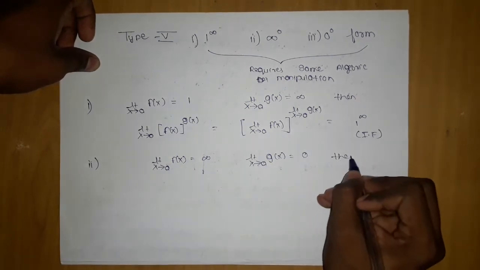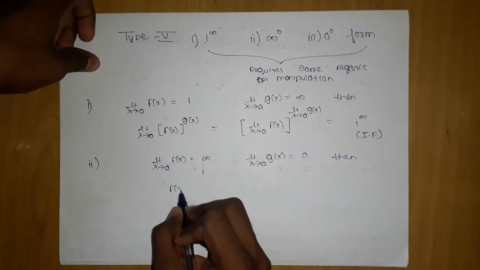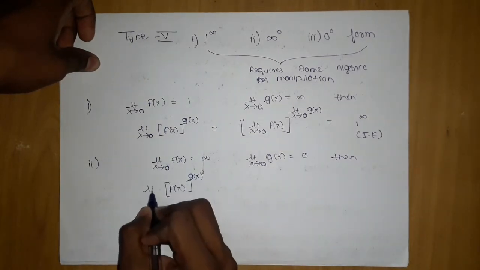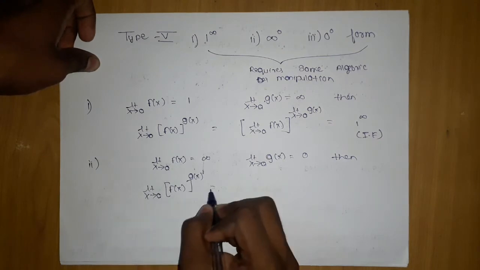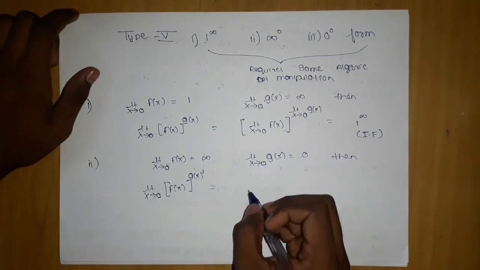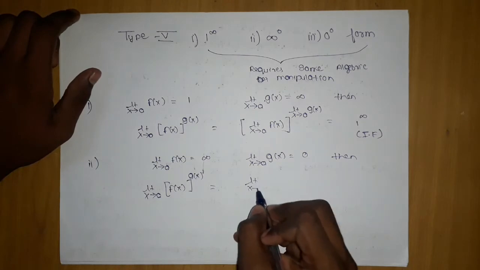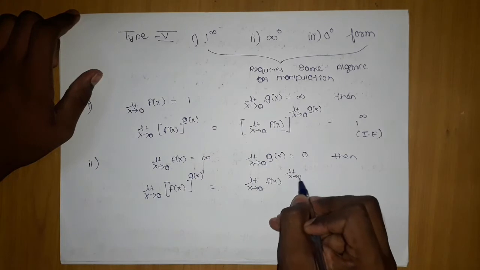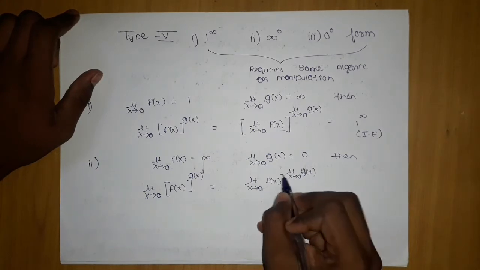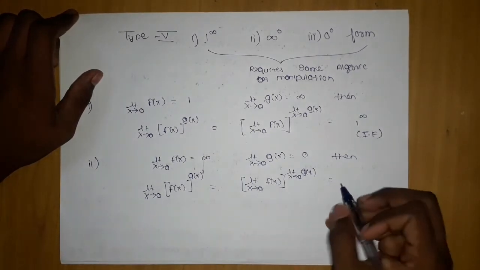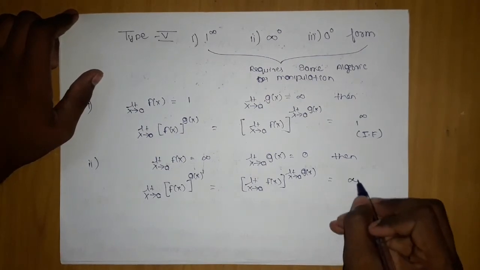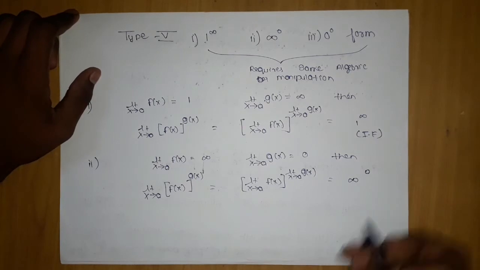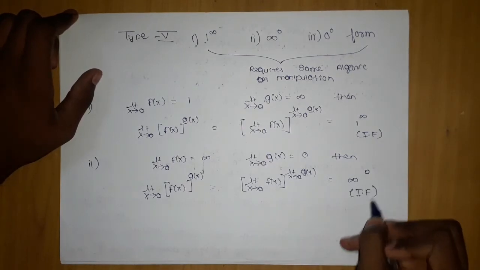Then in the same situation, f of x power g of x, first I have to distribute the limit, and then substitute the values. The moment I substitute the values, I get infinity power 0. So this is the second indeterminate form.